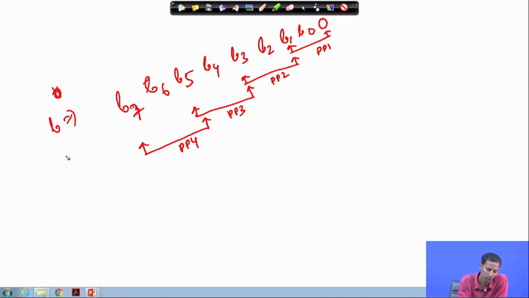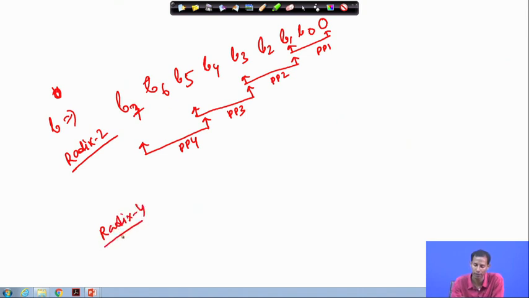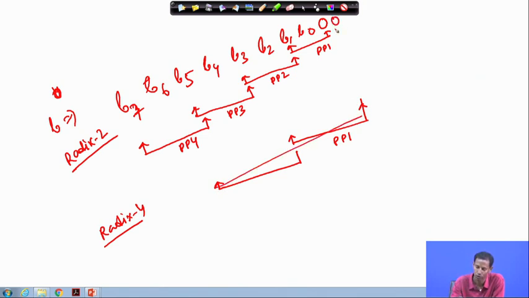But this is the case of radix 2. In case of radix 4, what will happen? I have to consider 4 bits. So at that time what will happen? This is PP1, and again this will be starting from this, not actually this; at that time I have to add 2 zeros over here. So this will be something like this.